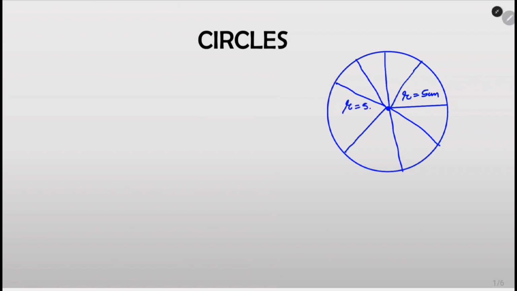So this is circle. There are some properties and some theorems based on circle which are useful for your examination as well as your future purpose. So what are those? Suppose, let me draw a circle first. This is a circle. This is the radius. Let me use another pen.